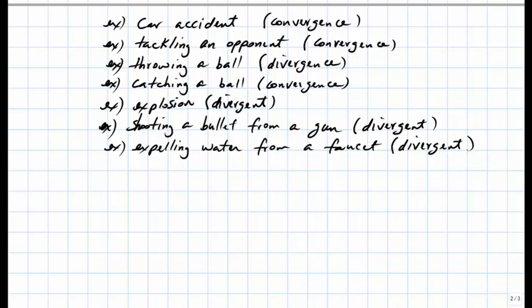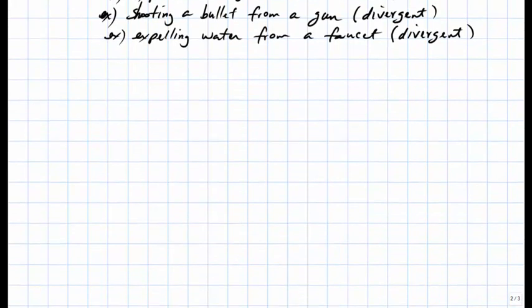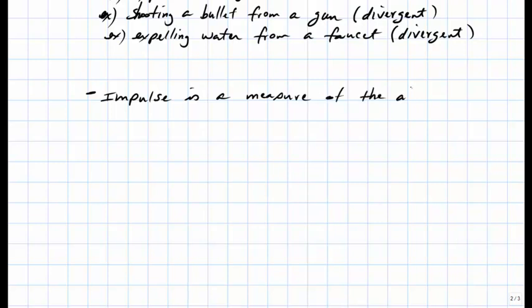We will now define impulse. Impulse is a measure of the ability to change an object's momentum.